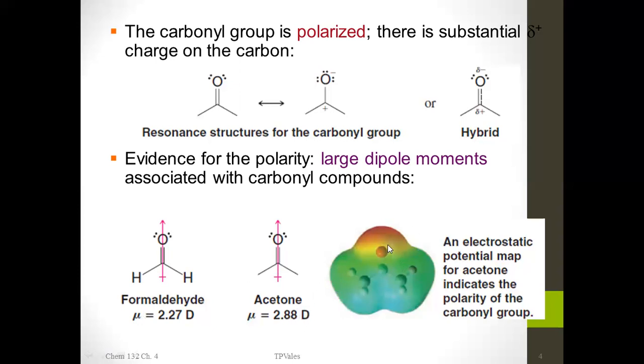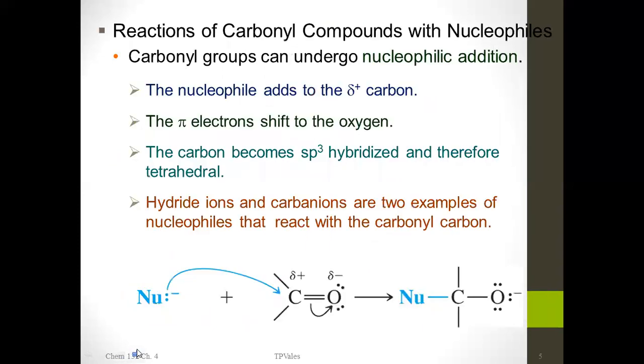And if you look at the electron density map of your molecule, let's say acetone, you'll see that more electron density will be directed towards your oxygen. You can see the red map here, which indicates that more electron density can be seen with your oxygen.